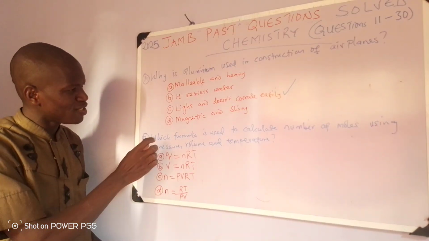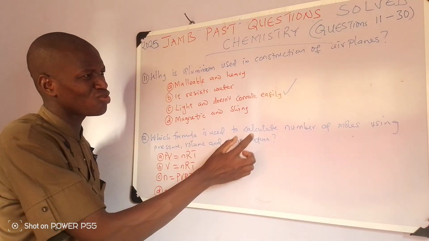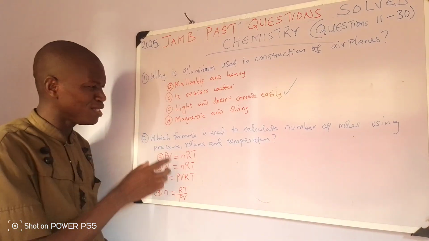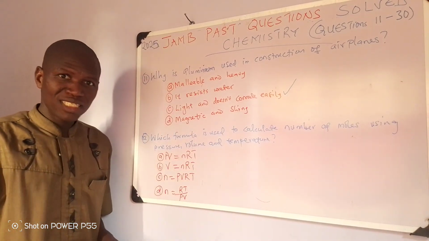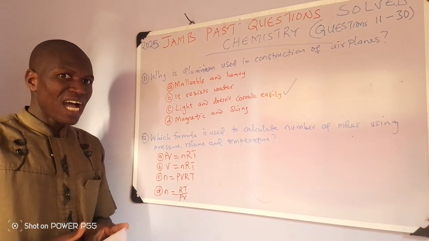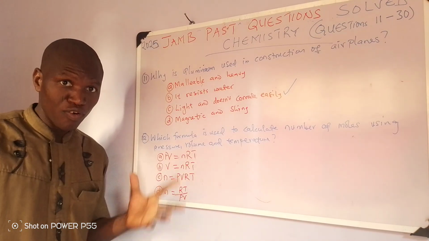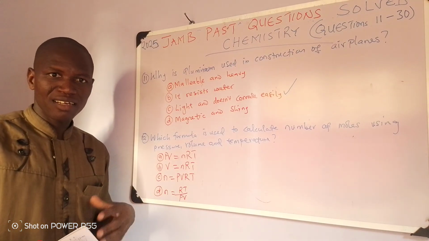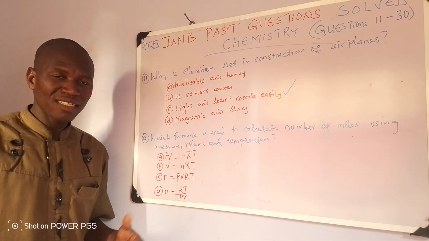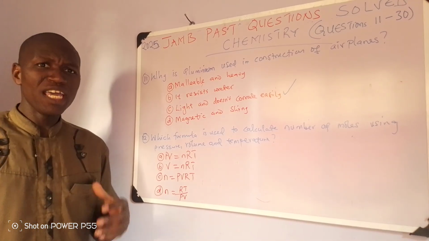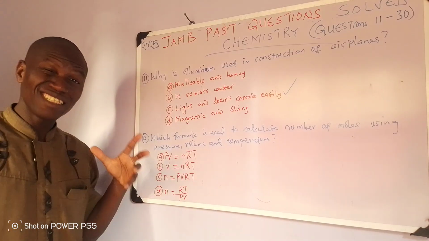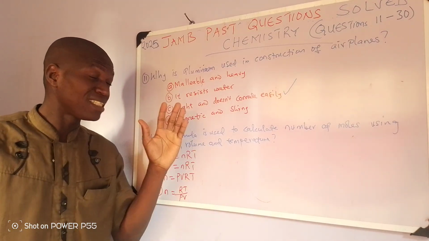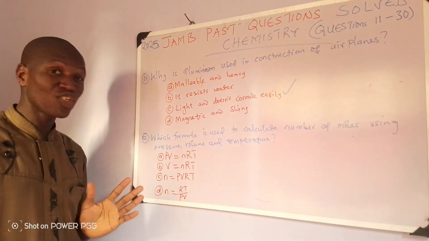The next question says, which formula is used to calculate the number of molecules using pressure, volume, and temperature? I believe that many students are familiar with gas formulas generally. General gas formula, Boyle's law, Charles' law, and so on and so forth. So, if you want to calculate the number of moles as it relates to pressure, volume, and temperature, which of these is correct?